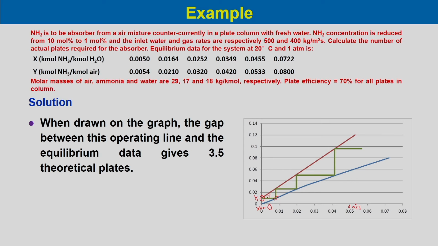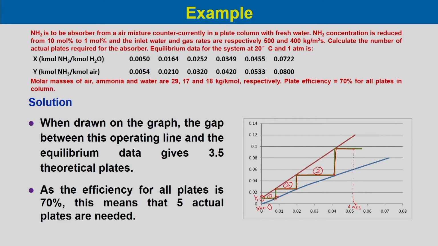This is one equilibrium stage, then move to the operating line and again move to the equilibrium curve. So, you will have another ideal stage and a similar procedure you can follow. So, you will have the third stage and then you can go to the exit stream composition, that is 0.053, and we can consider it half a plate from the graph. So, essentially you will get 3.5 stages.